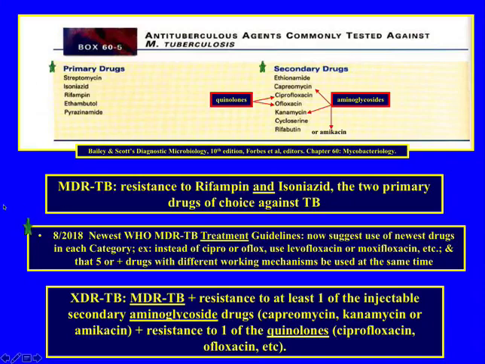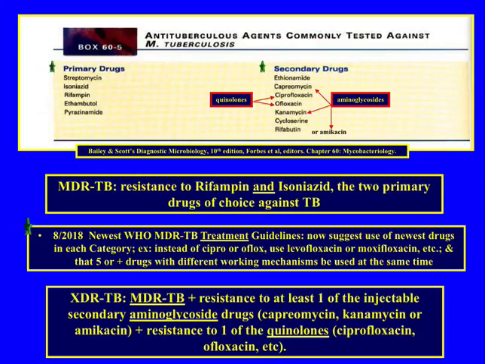So there's primary drugs, traditionally streptomycin, INH, rifampin, ethambutol, and PZA, and secondary drugs, which originally were some of the older quinolones like ciprofloxacin and ofloxacin, and some of the aminoglycosides like kanamycin, amikacin, capreomycin, and then others.